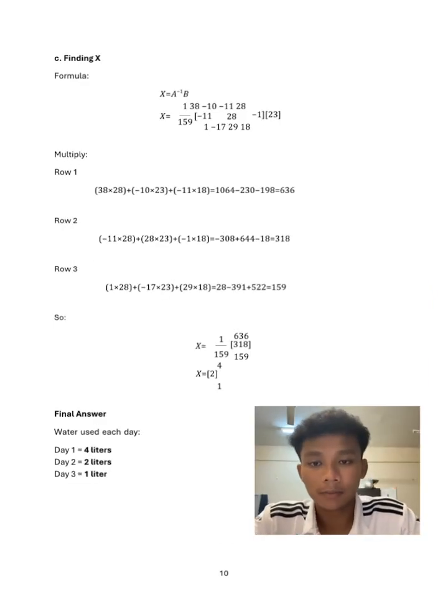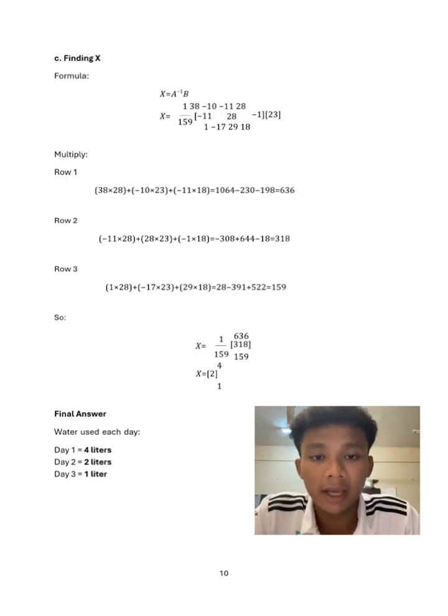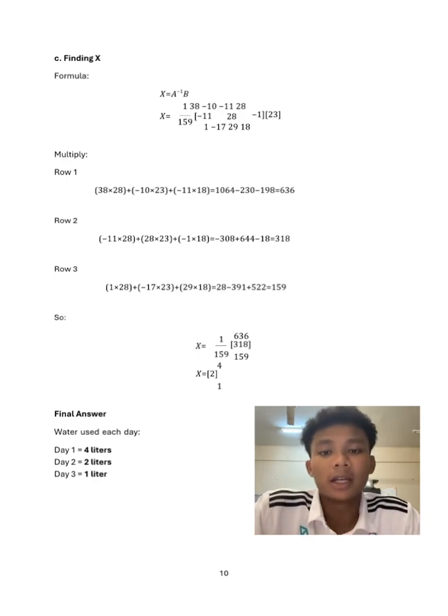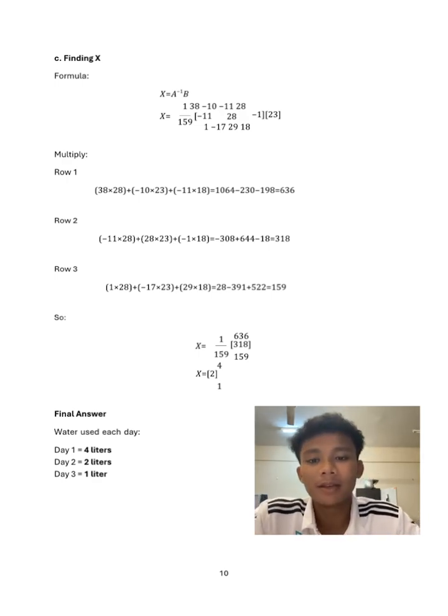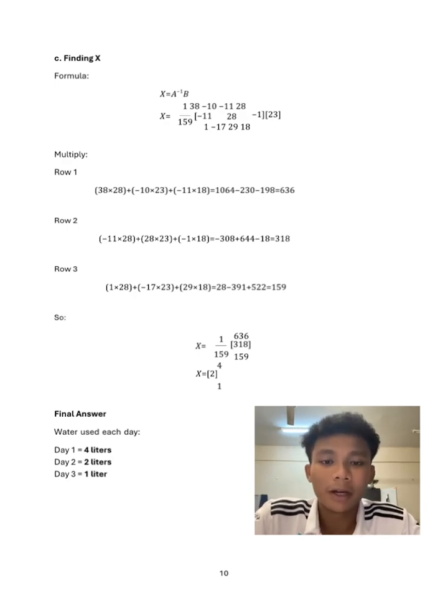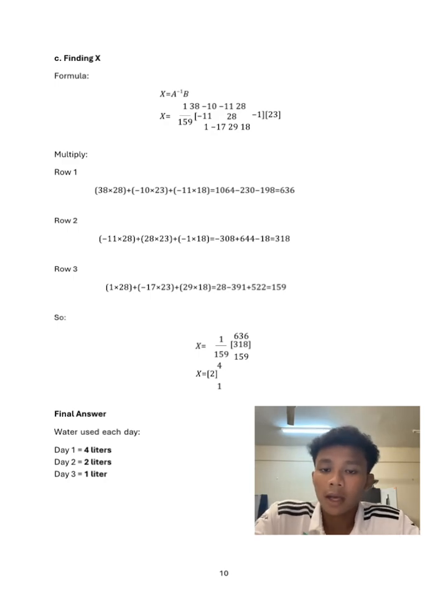Last but not least, to find the values of matrix S, we use the formula S equals A inverse times B, by multiplying 1 over 159 with the product of the adjoint matrix and matrix B containing the values 28, 23, and 18. The multiplication is performed row by row.